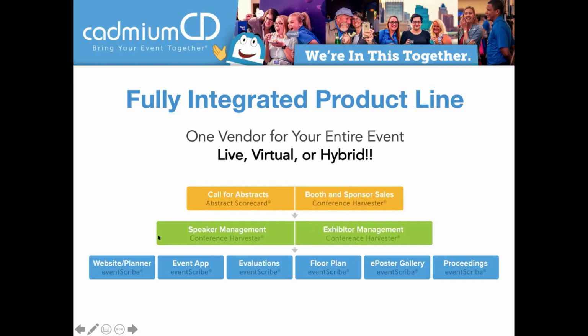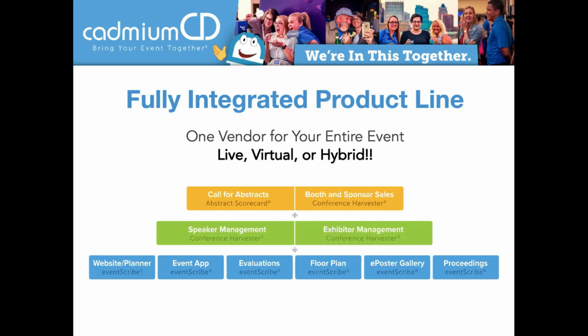And then for the attendees, you would want the EventScribe Live website, along with a mobile app in some cases if you're really trying to drive engagement, as well as our evaluation component called Survey Magnet if you're offering continuing education credits for your virtual meeting.